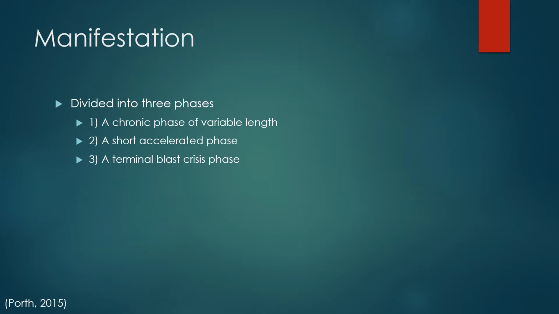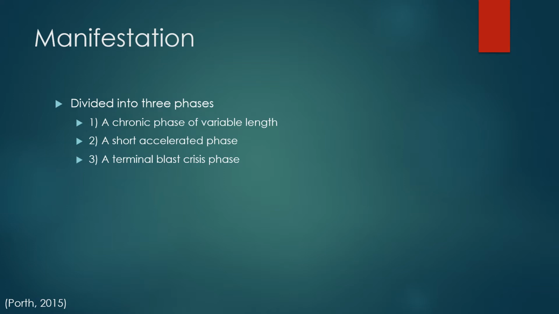If you accelerate into the next phase, it's characterized by enlargement of the spleen and progressive symptoms. Splenomegaly often occurs, and there's an increase in basophil count and more immature cells in the blood or bone marrow, which confirms transformation into the acceleration phase.